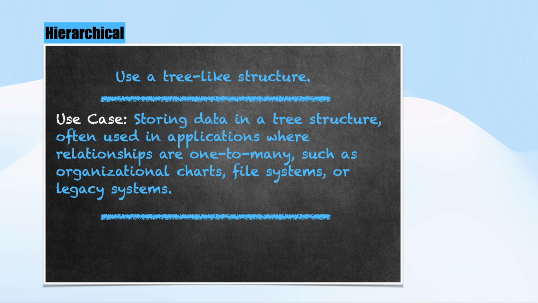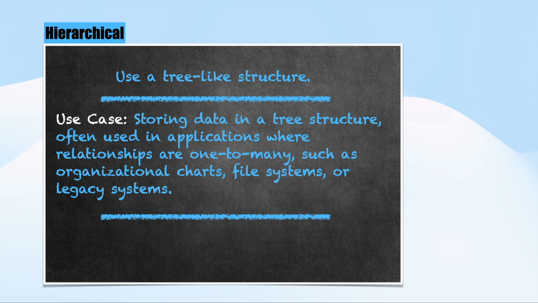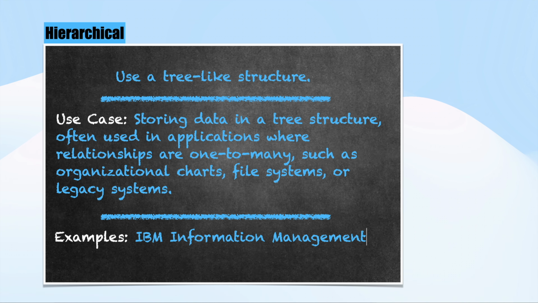They are also ideal for file systems where files are stored in folders and subfolders in a clear hierarchy. One of the most famous examples of a hierarchical database is IBM Information Management System, which has been used for decades in industries like banking and telecommunications to store large structured data in a tree-like format.